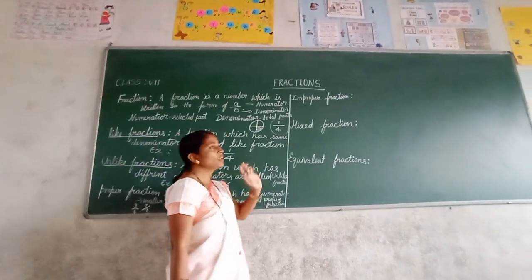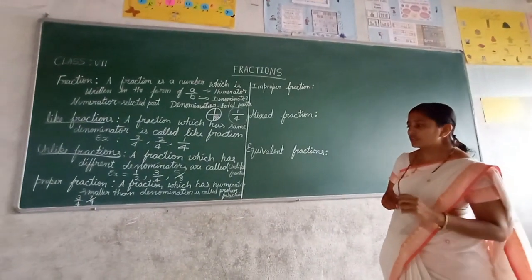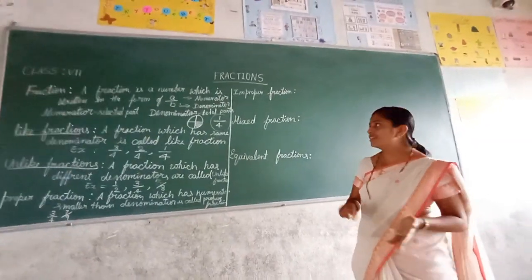In the same way, an improper fraction is a fraction in which the numerator is greater than the denominator.